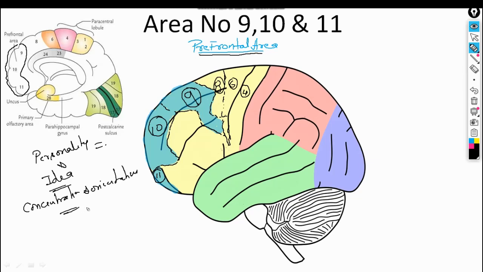is determined by this prefrontal area. So what will be the effect of the lesion?